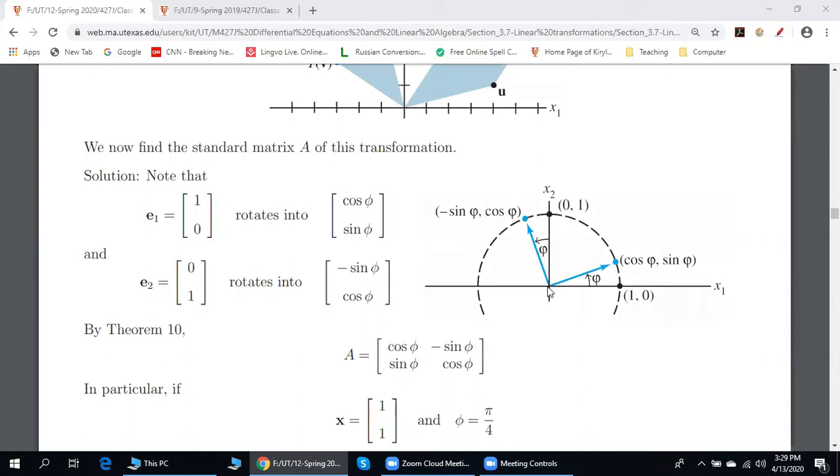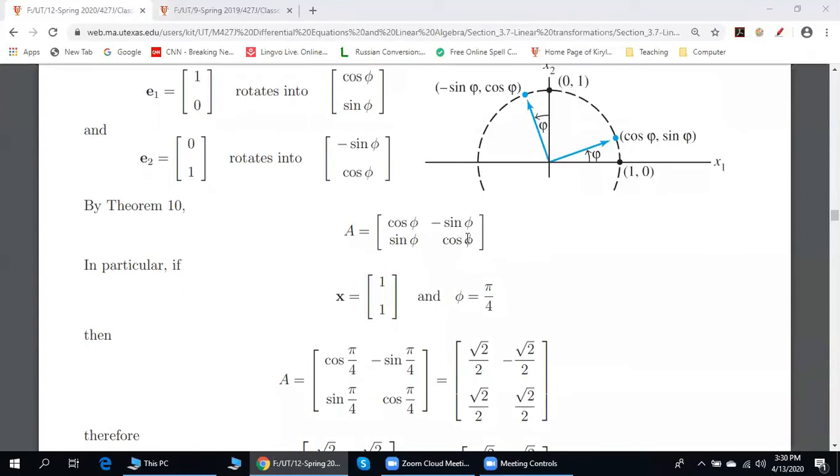Note that these are congruent triangles. Therefore, the y-coordinate of this point will coincide with the x-coordinate of this point. And the x-coordinate of this point is negative y-coordinate of this point because we go to the left. This is how we come up with column number 2.